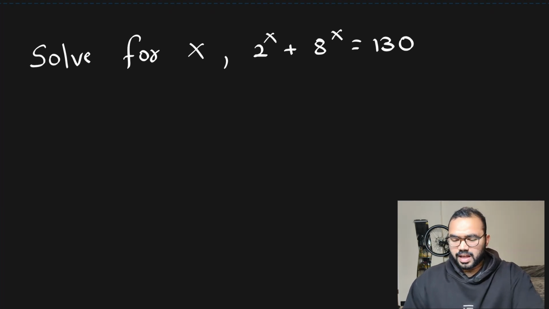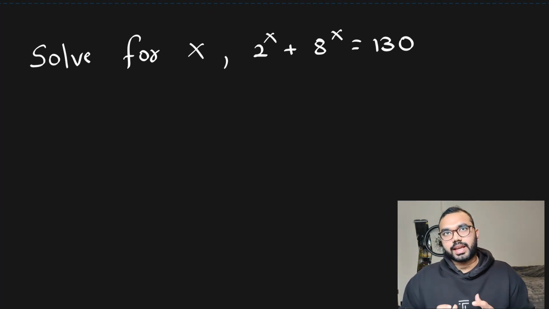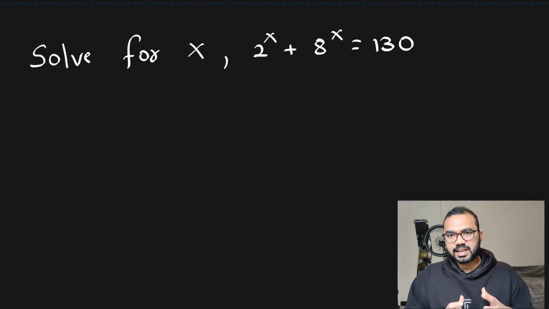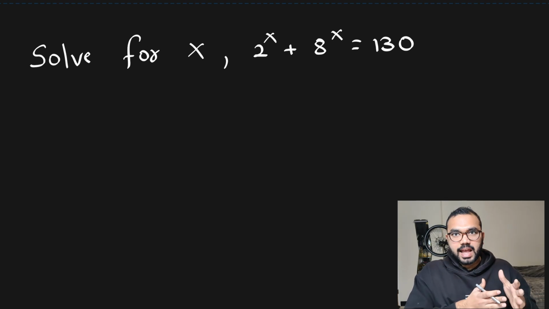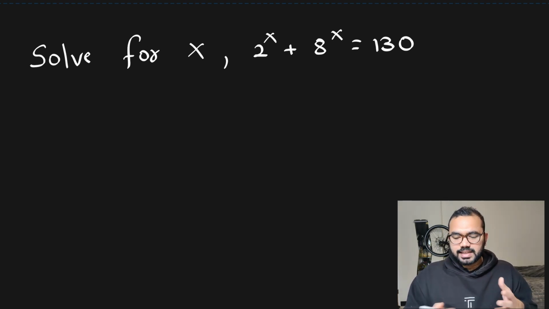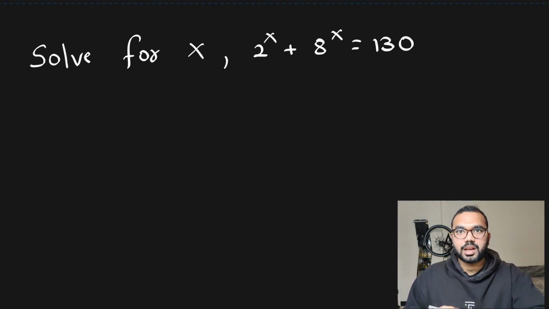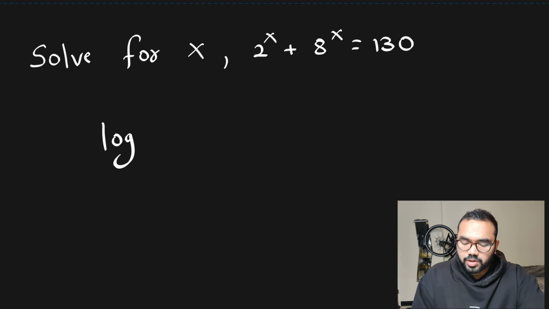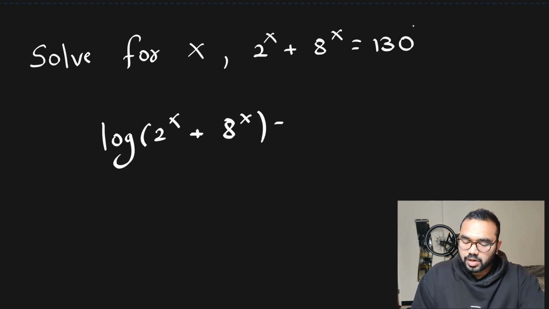So I know most people think that if x is an exponent, we can probably apply a logarithm and bring that at the front and solve it. Let's see if we can do it by applying a log at the start. So log of 2 to the power of x plus 8 to the power of x is log of 130.